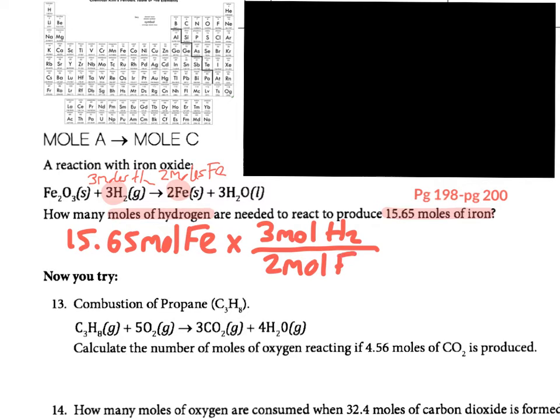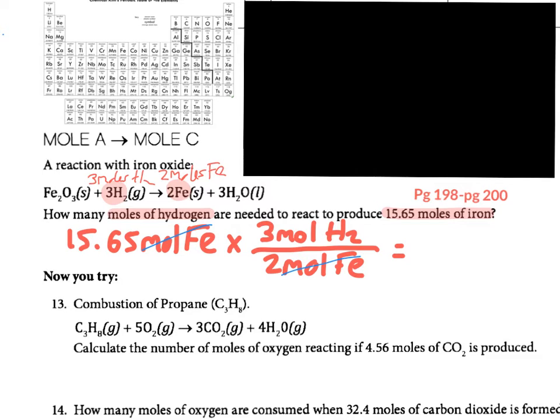And I set it up like that for a couple reasons. One, it allows my units to cancel. So this allows my units of Fe to cancel with my units of Fe there, and I'll be left with moles of H2. But I also set it up like that because this is referred to as the bridge step.